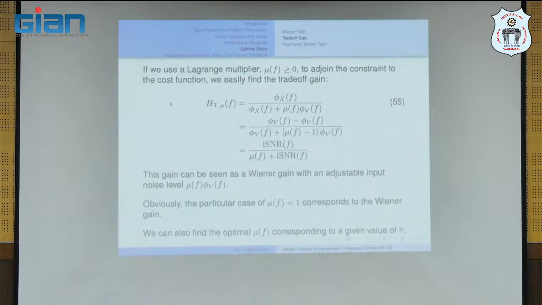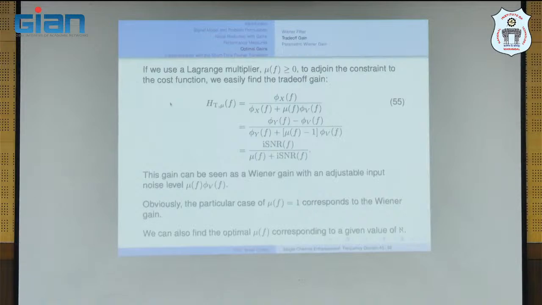But if we reduce more noise, the distortion also will increase. It comes together. Suppressing more noise increases also the distortion. So we have this expression, and vice versa. So for each frequency, by controlling this parameter mu, we can control the trade-off between noise reduction and signal distortion.